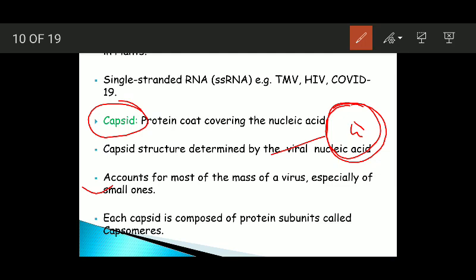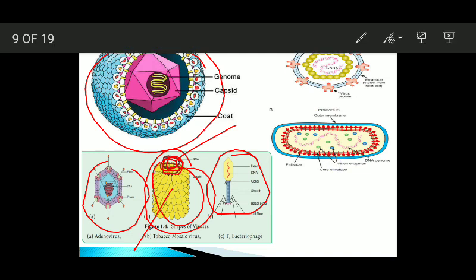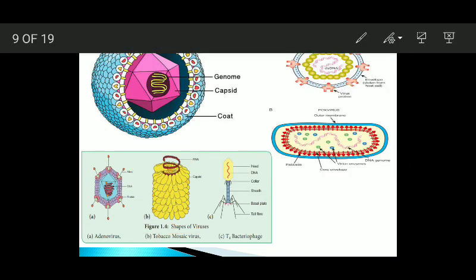And the capsid is constituted of small protein subunits, and each subunit is known as a capsomer. Here I can make it more clear. These are different types of viruses. Say, for example, we will here focus on the tobacco mosaic virus.